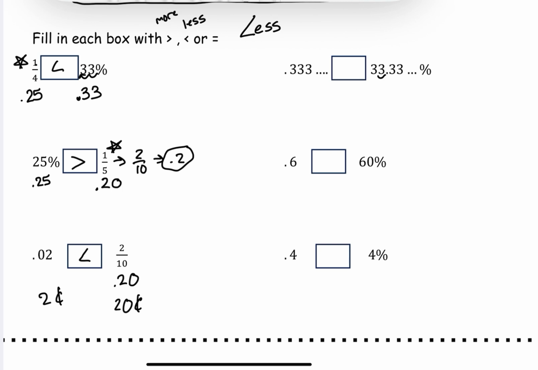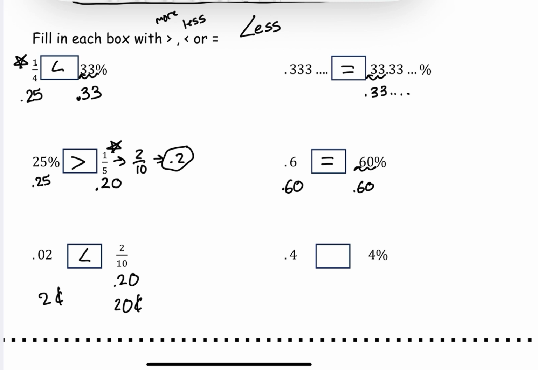If we do one of these for the percent, we also get 0.333. So these are going to be the same. All right, so this one here, we have 0.60. And we do one of these, 1, 2. And we get 0.60. So they're the same as well.